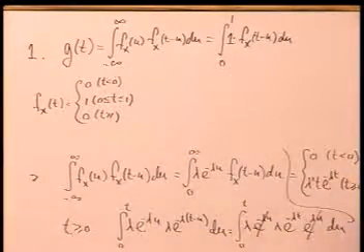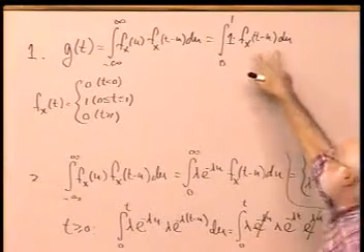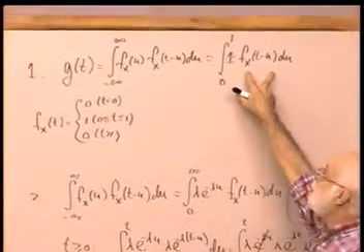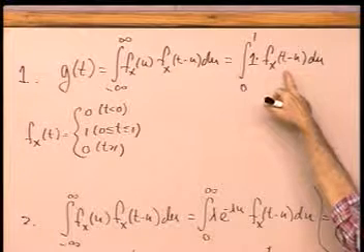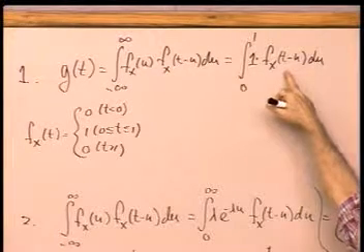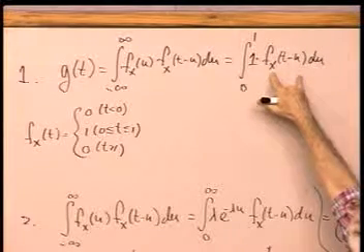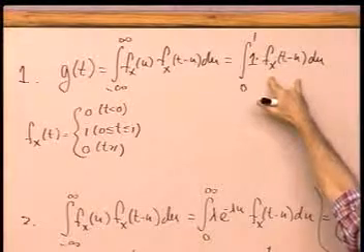And now all I have to do is worry about what little f here is. Now, the value that fits in here is either 0 or 1, depending on whether t minus u lies between 0 and 1 or not. If t minus u lies between 0 and 1, that thing is 1. If t minus u does not lie between 0 and 1, that thing is 0.